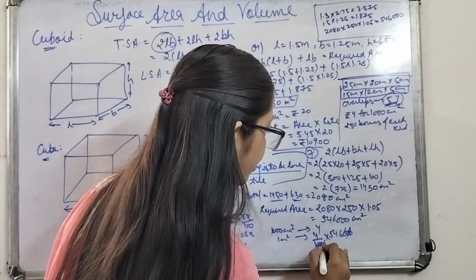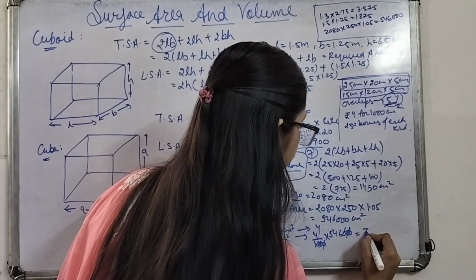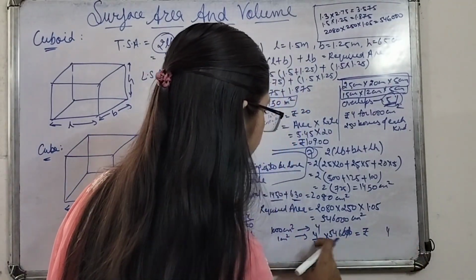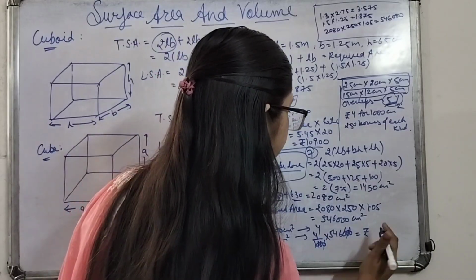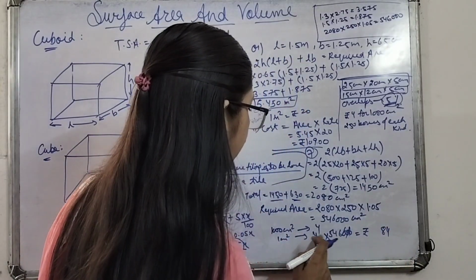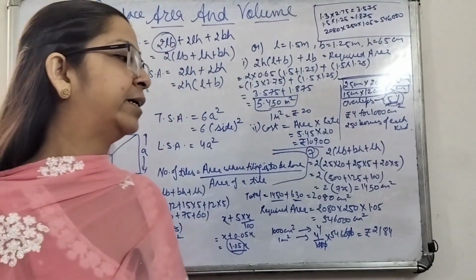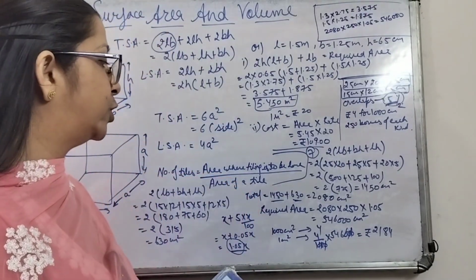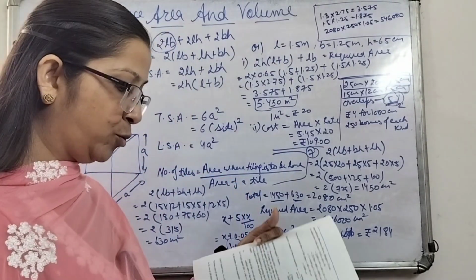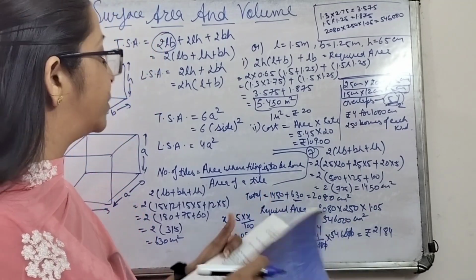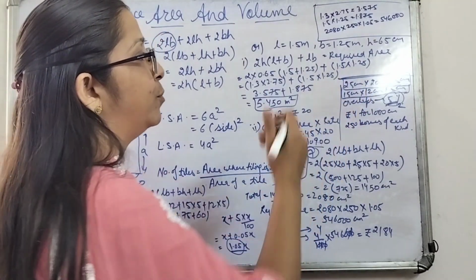These three zeros are going to cancel, and it will be in rupees now. 6 4s are 24, 2 4s 8... finally, rupees 2184 will be the total amount to be paid, which is required for making this much cardboard, this many boxes.